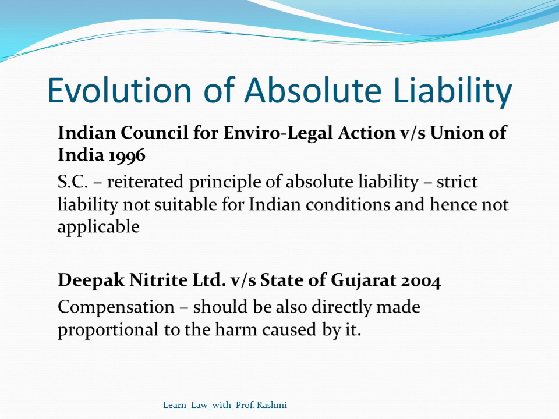In this case, the whole turnover of Deepak Nitrite was awarded as compensation. So it did not depend only on the magnitude or capacity of the enterprise, it should also be correlated or directly proportional to the harm caused by it.